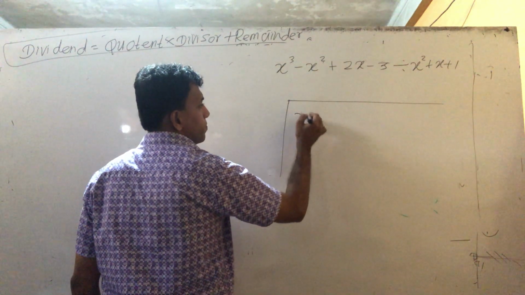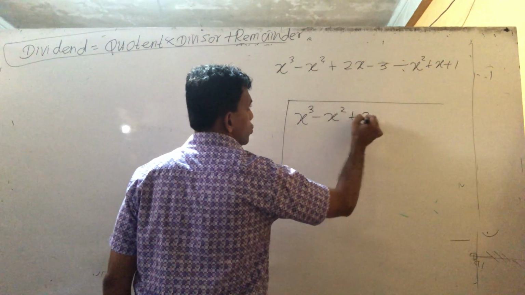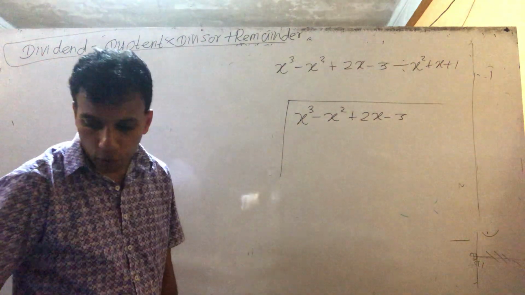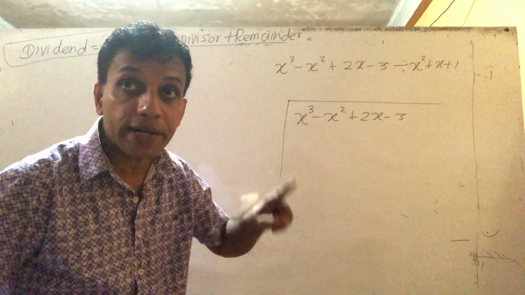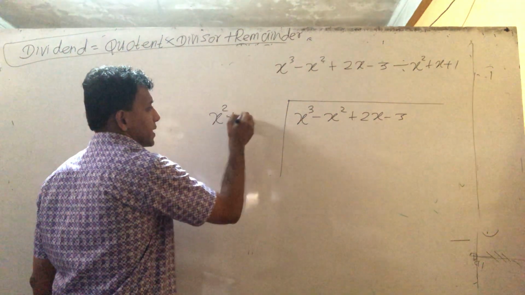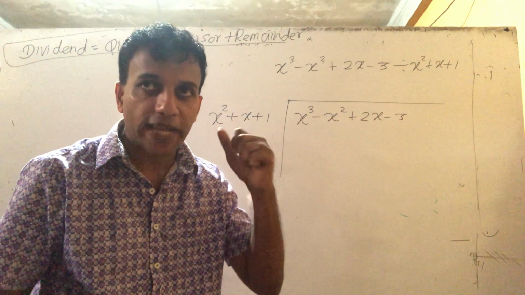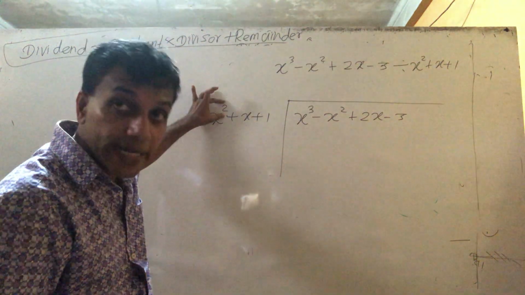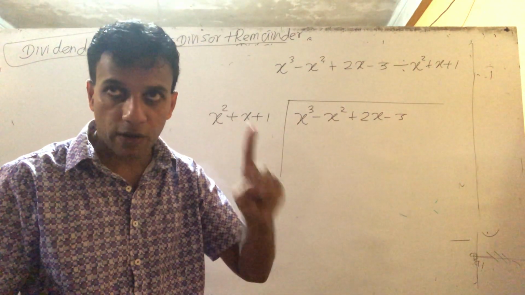x cube minus x square plus 2x minus 3. This is a cubic polynomial divided by a quadratic polynomial, x square plus x plus 1. An important idea: before getting the answer, you decide that a cubic polynomial divided by a quadratic gives a linear answer, degree 1, power 1, right?